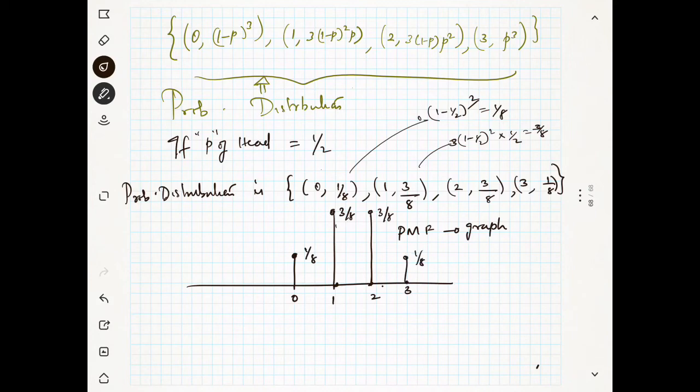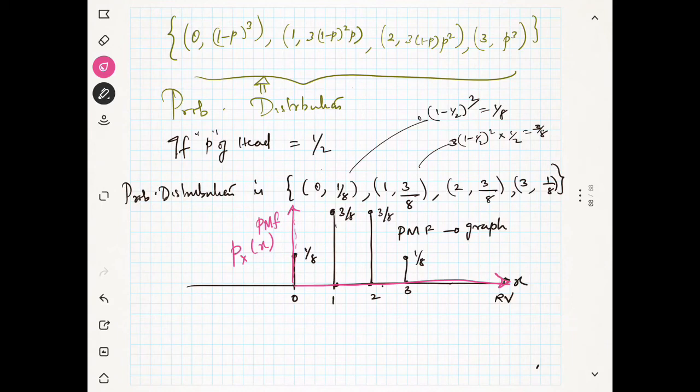This is your random variable x on the x axis, and the y axis is the PMF, which is Px of x. So this is known as the probability mass function, and this set we will call the probability distribution.